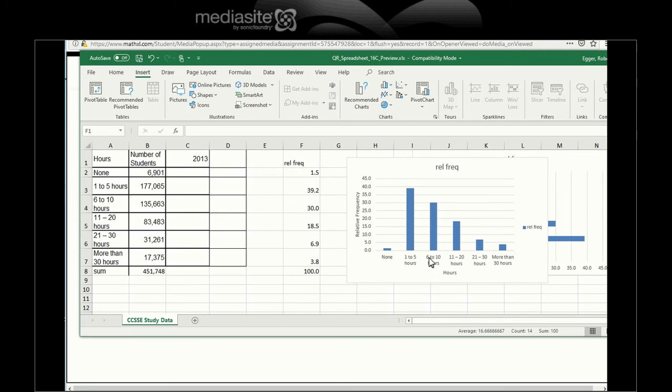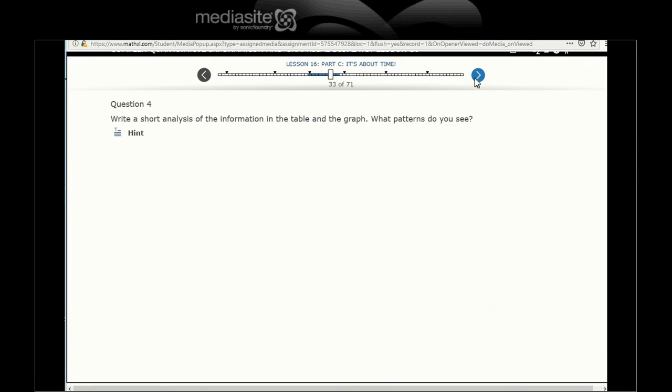Like nearly 70% is between 1 and 10. But the more hours of participation, the less people who do it, and very few do more than 30. What's that effect?